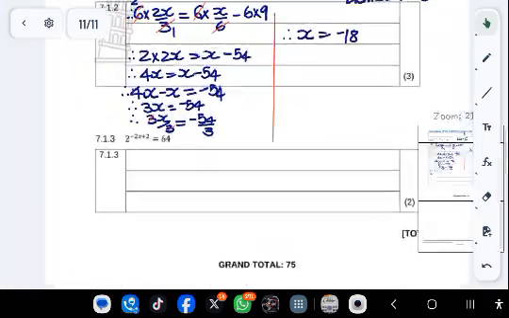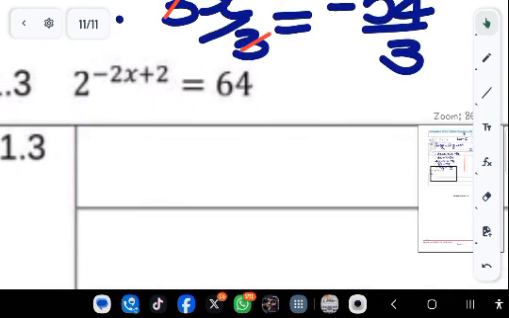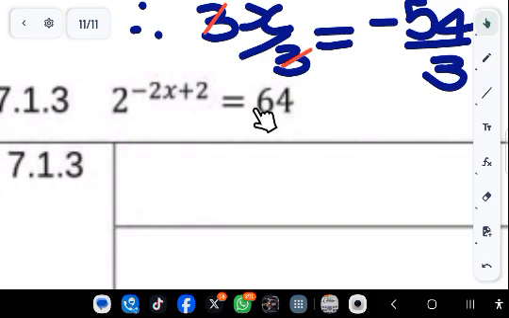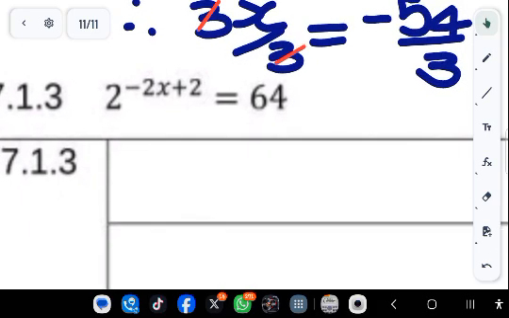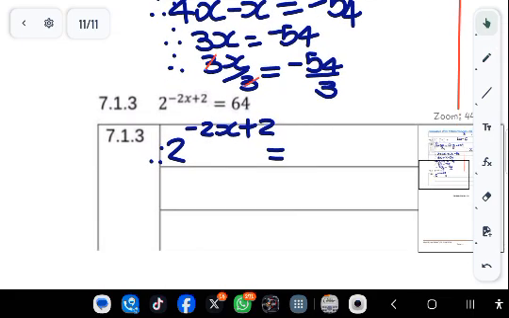And now for the very last question. This is an exponential equation. What you do with exponential equations is you first convert what you have on the right hand side to an exponent with the same base, but a different power.